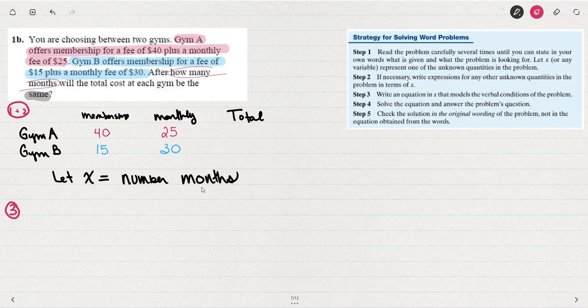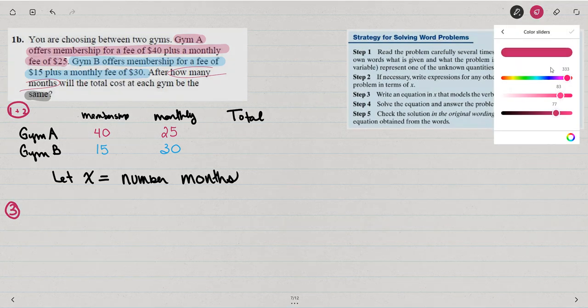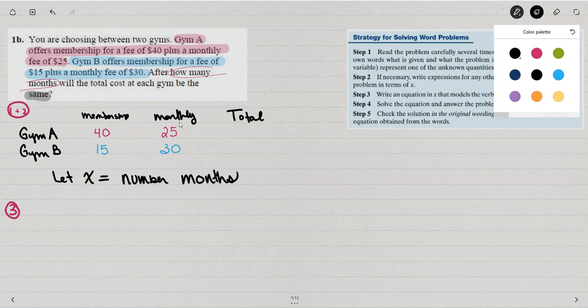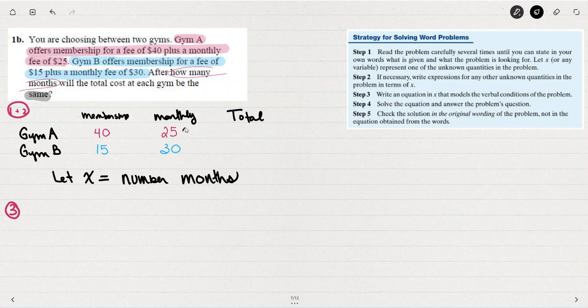So we're going to let x equal the number of months. If x is the number of months, then we could put this information in a chart, and you see if the monthly fee is $25 a month, then 25 times the number of months, or 25x, would give us the fee that we pay altogether, right?